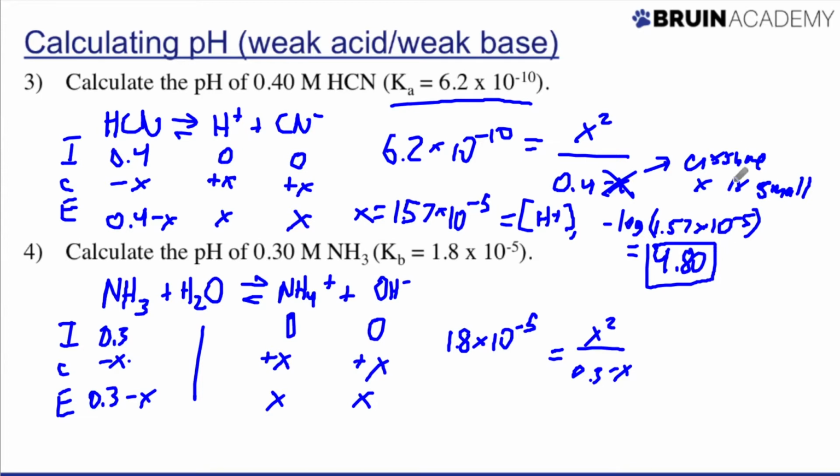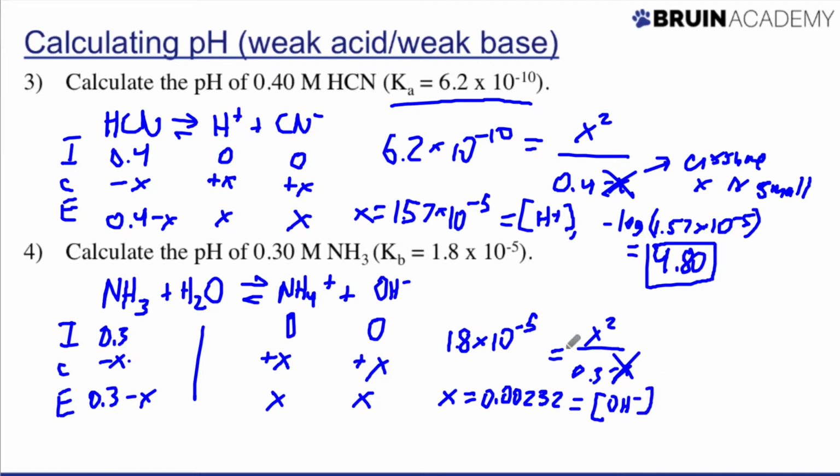Here I'm going to assume that x is very small, so I can basically get rid of this term. I multiply by 0.3, I take the square root of that resulting term, and I should get an x value of 0.0023. And that represents, in this case, my OH minus concentration.